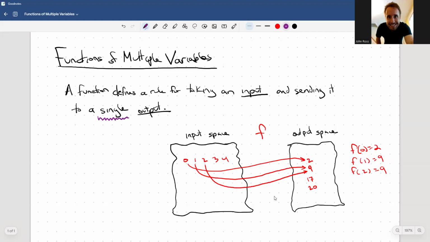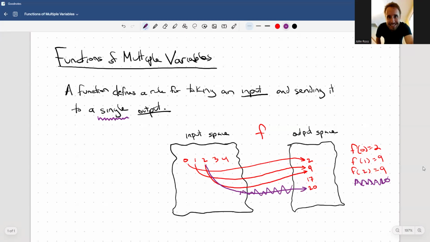What I mean by that is if I have already assigned f of 2 to be equal to 9, I cannot also simultaneously have f of 2 equal to 20. I cannot have both of these things existing simultaneously. Each input, in this case the input number 2, has to be sent to a single output. So it cannot go both to 9 and to 20. That would not be okay in this case. We would have to cross out that arrow.